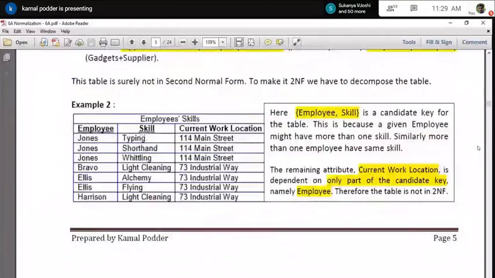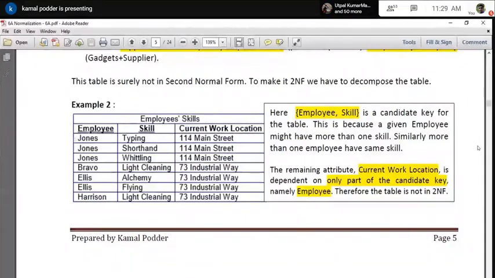Here what I have done: I want to record the skill of the employee, so I have created the employee skill table. Here I am keeping three pieces of information: employee, their skill, and current working location.